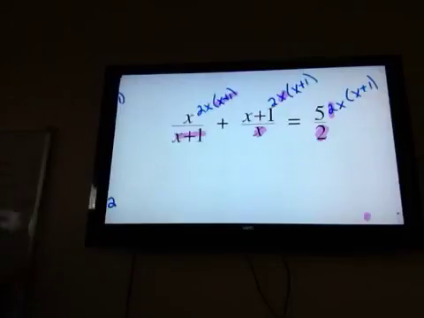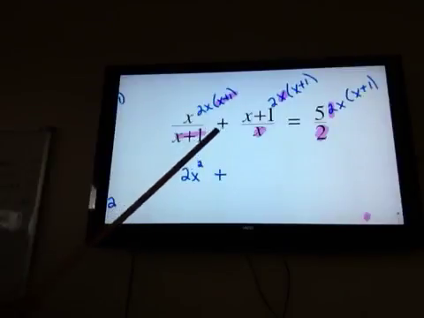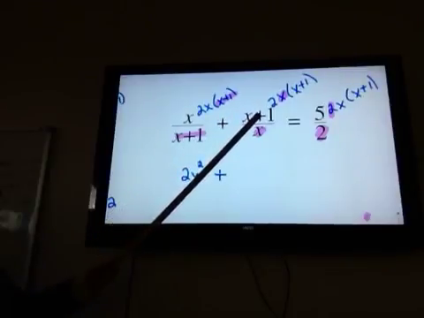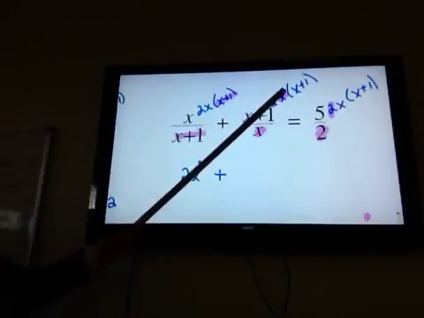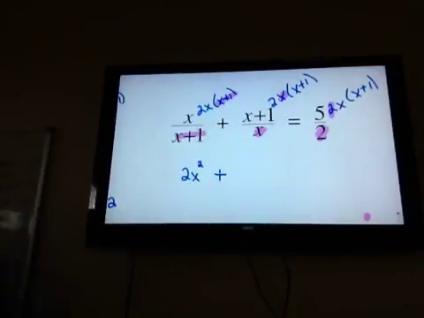Okay, so let's see what we got left. Here we have x times 2x, which is 2x squared. Plus. Here we have x plus 1 and 2 and x plus 1. So let's talk about that for a second. If you were going to take 4 times 2 times 5, you can't do it all at one time.